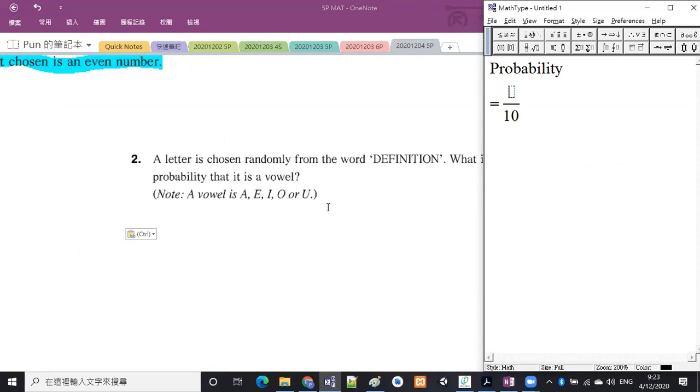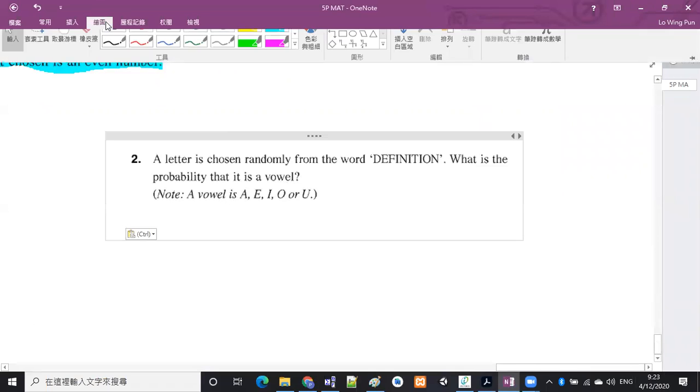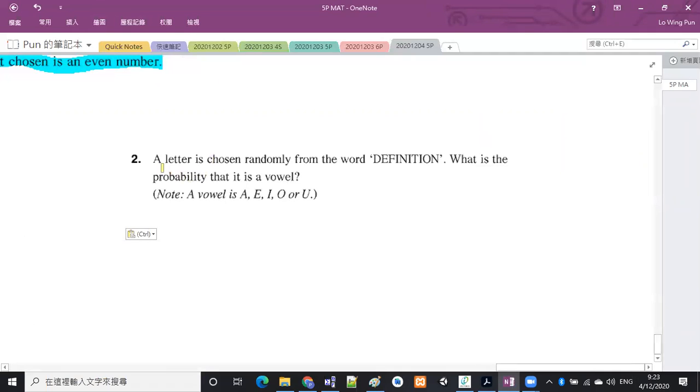嗱呢度咧又係啦，即係我想講嘅就係分母其實淨係睇呢一句。A letter is chosen randomly from the word definition.